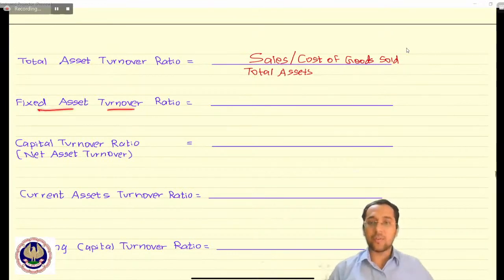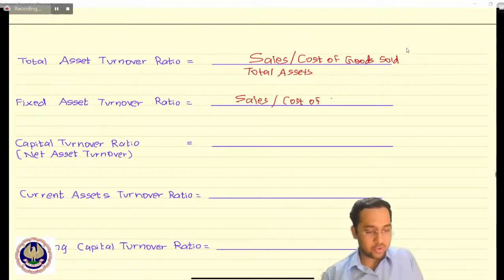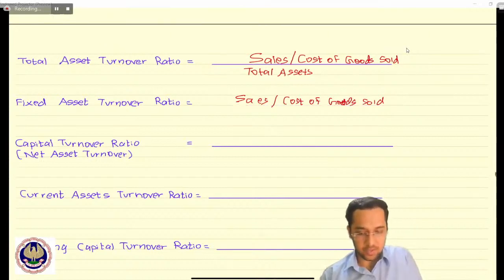Then as we look into the fixed asset turnover, any one of you can guess what it can be. The numerator remains the same, which is sales or cost of goods sold, upon fixed assets.